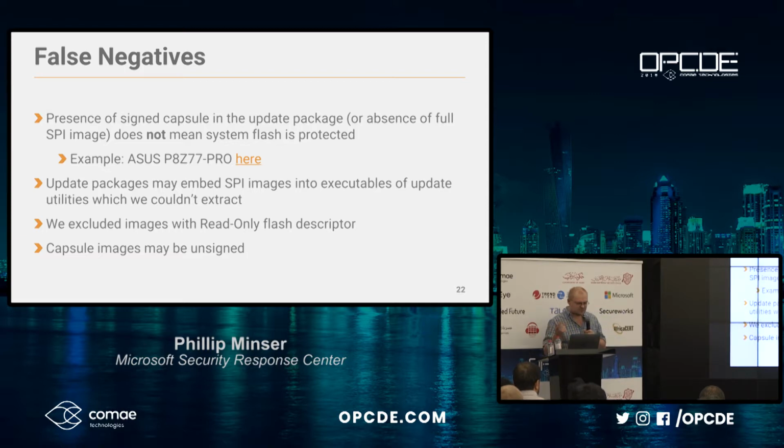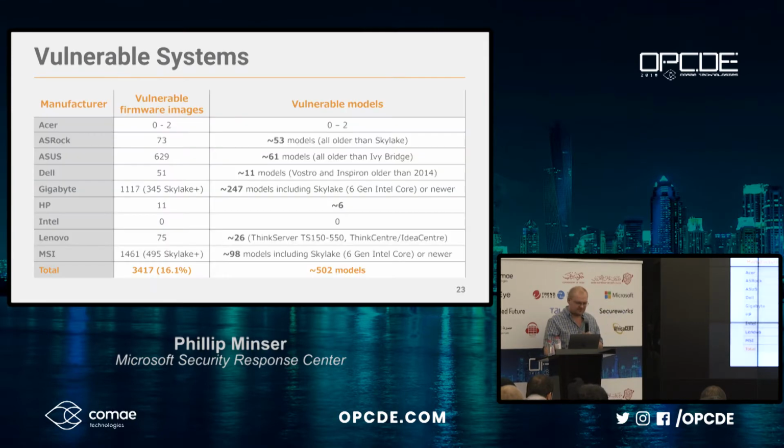Also, we excluded read-only flash descriptors in our heuristics, which minimized the number of images, but it's not really good, because if we excluded that, we may miss another vulnerability in the same image. Because we combine all of them, we may miss an image which has 2 out of 3 of them. And some of the capsules may not be signed, and we also did not detect that.